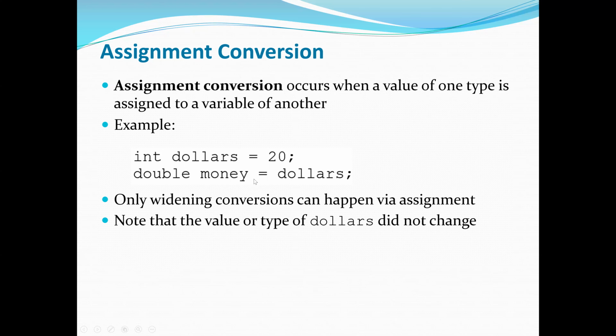In this case, double is greater than int. So in assignment conversion, only widening conversion can happen. We should know that the value or type of dollars does not change. But since double is greater than int, we can use assignment. The opposite will not work.